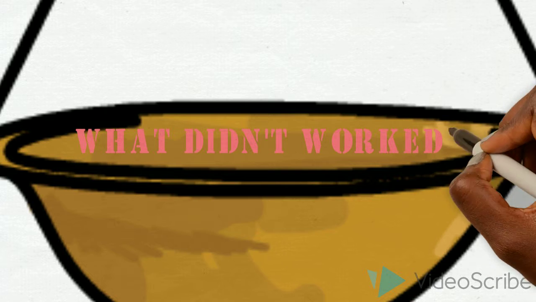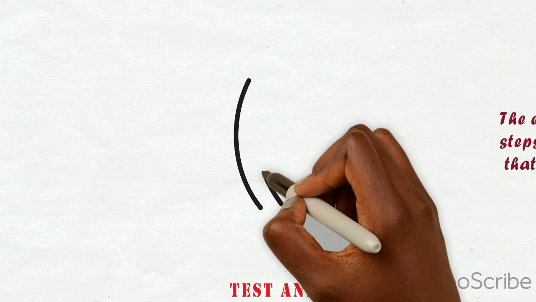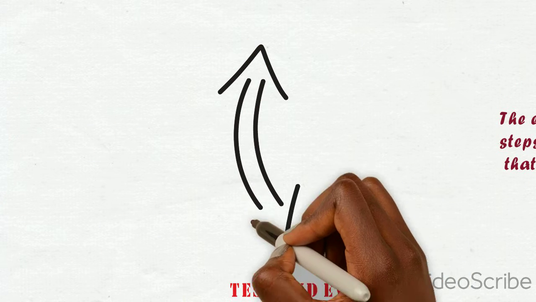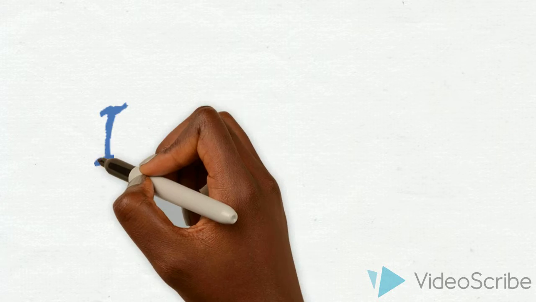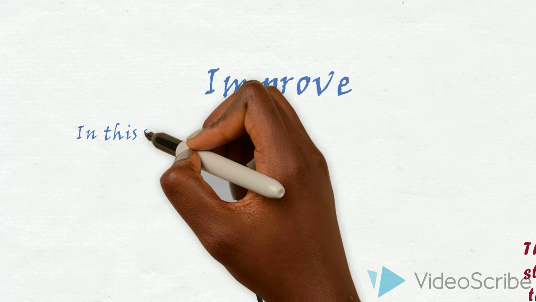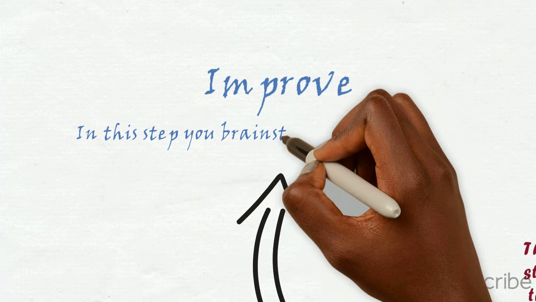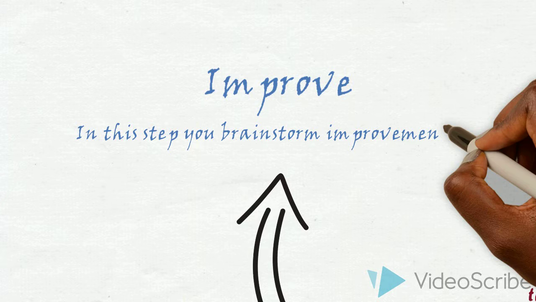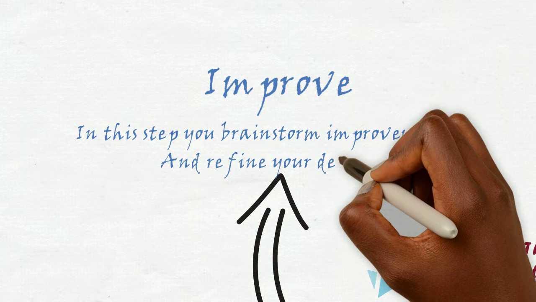After you figure out what worked and what didn't work, next thing you want to do is to improve. In this step, you're going to brainstorm improvements and redefine your design. So we're back to kind of that imagine, going back to where you have those ideas.